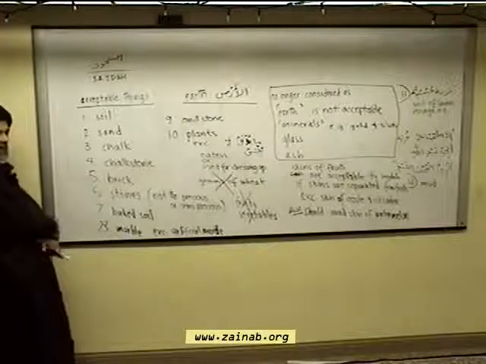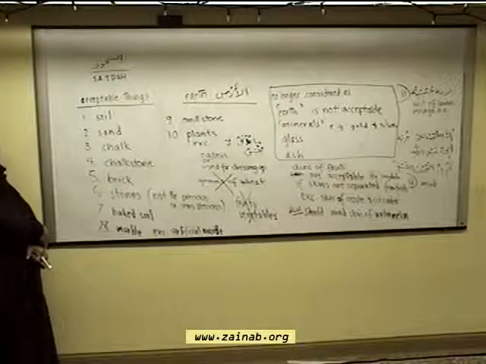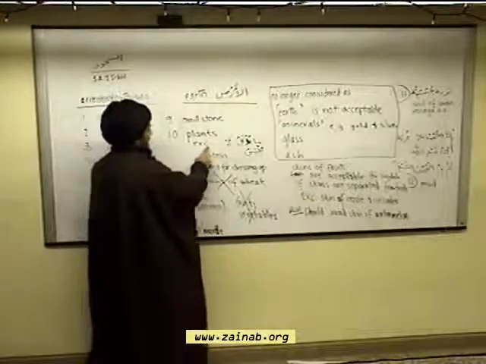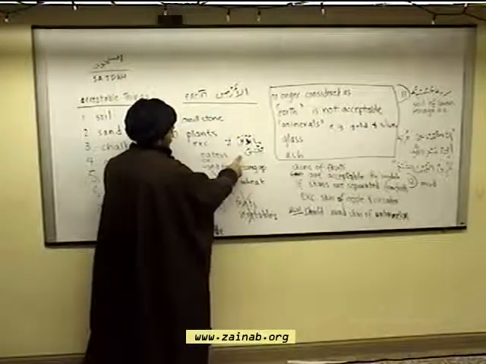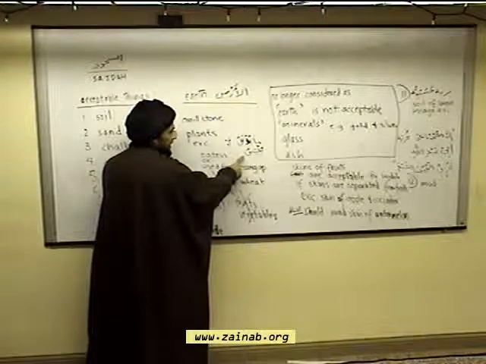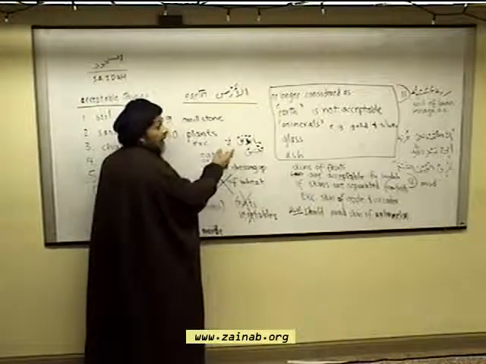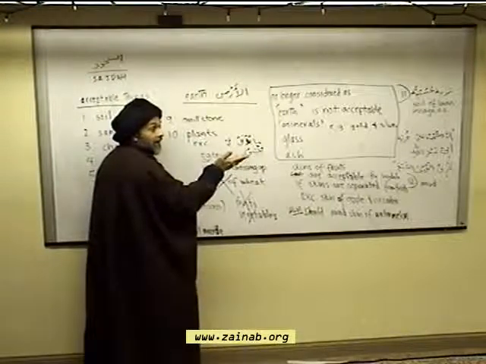So plant, anything. Exception? Exception is ma yukal or yulbas, things which are eaten even by some people, or things which are used for dressing up. Anything like cotton, like plant of nas, which people eat.